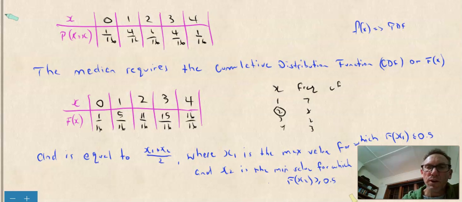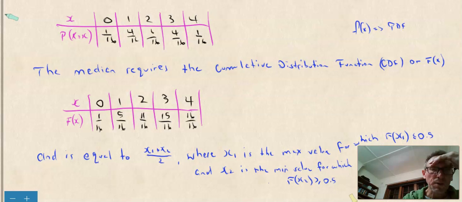So very similarly, with our probabilities, we are going to have a look at the middle 2 scores. How we do that is we establish the first score of over 0.5. If we walk our way through here, we'll see that we're under 0.5 here and we're over 0.5 here, 8/16 being the halfway mark. So our x1 value is the maximum value for which the cumulative distribution function is less than 0.5.